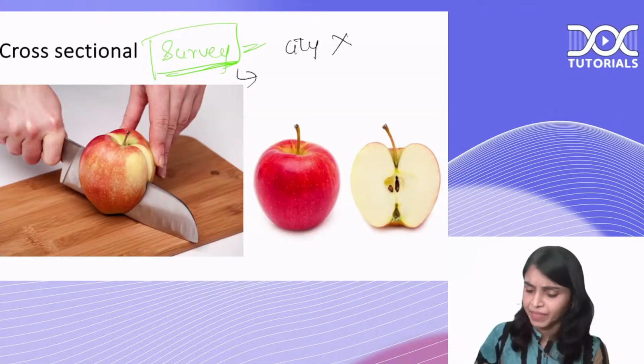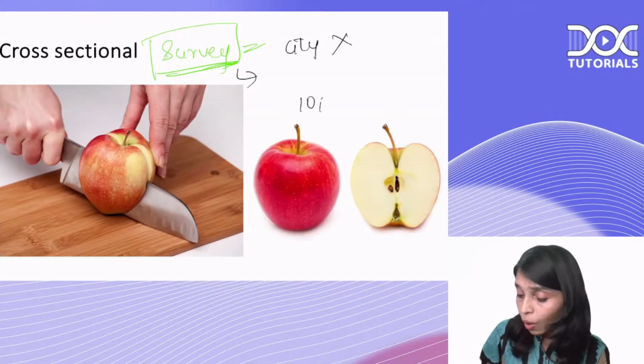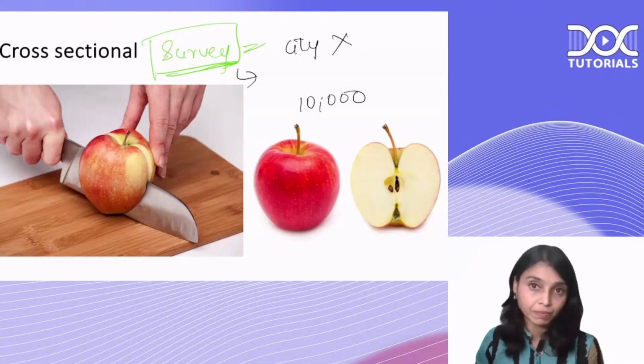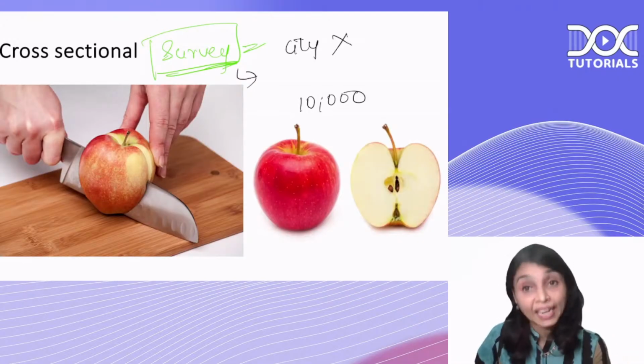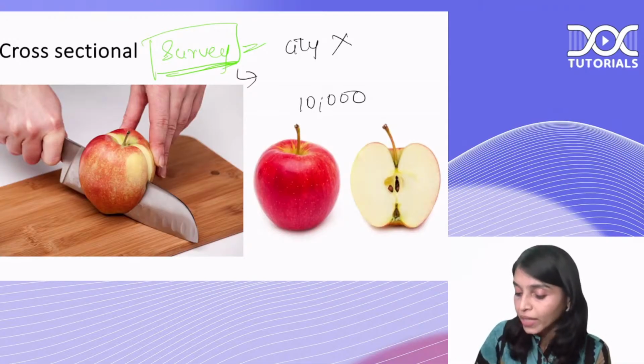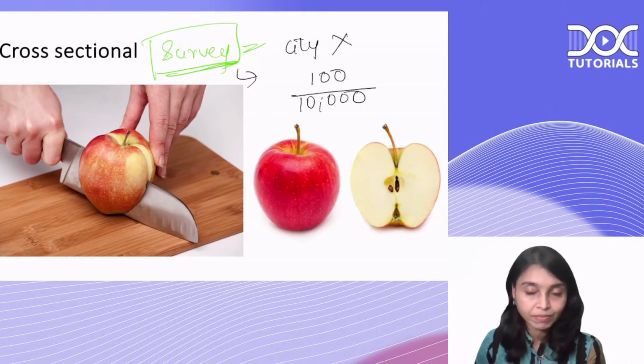Imagine that I did a survey in 10,000 people. Today, with the help of my PGs and undergraduates, I did a survey in 10,000 houses, and I found that out of this 10,000, simply putting a number, 100 were having COVID.